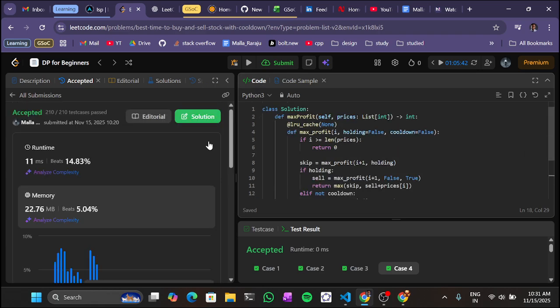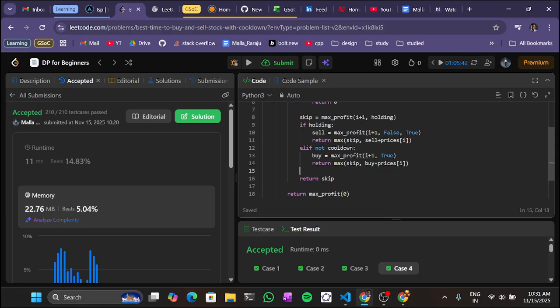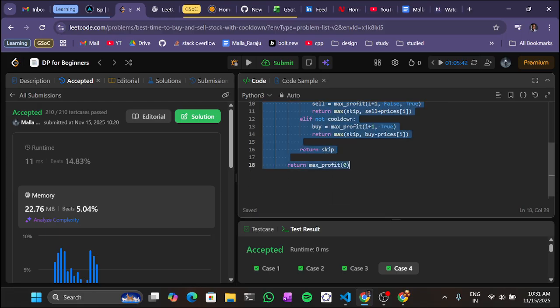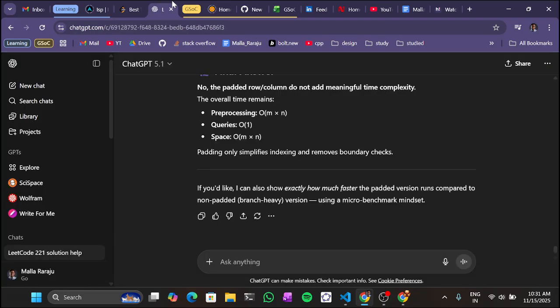This thing is clear for me, but let's take a code review from ChatGPT.